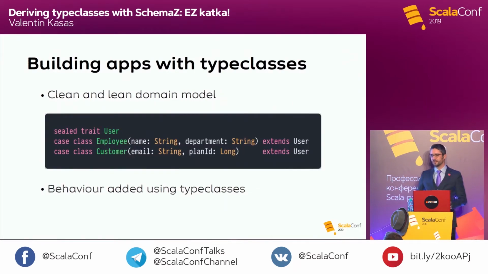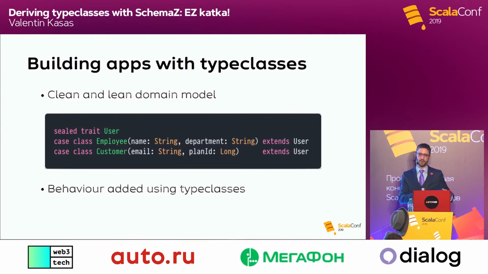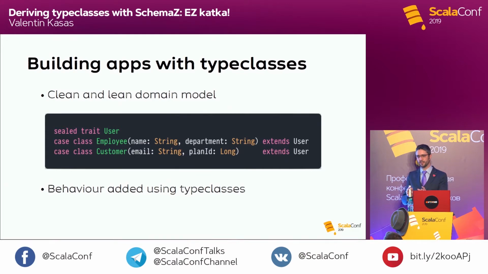And in the end, using type classes from an application developer perspective allows us to have business domains that are very, very simple and lean. I have no methods in my classes, it's pure data, and I will add all the behavior using type classes.